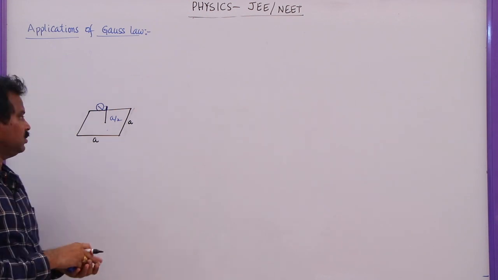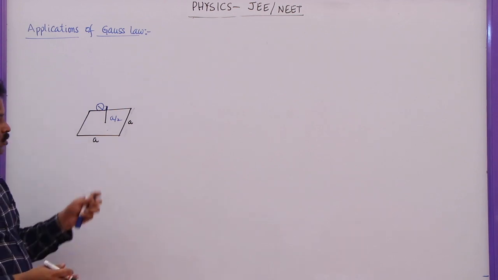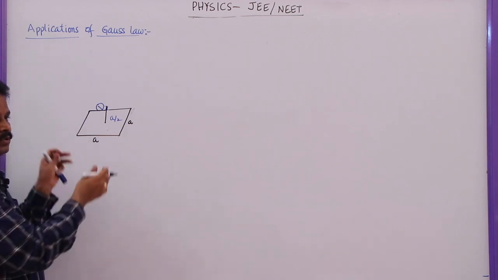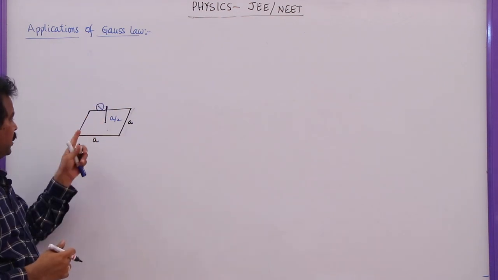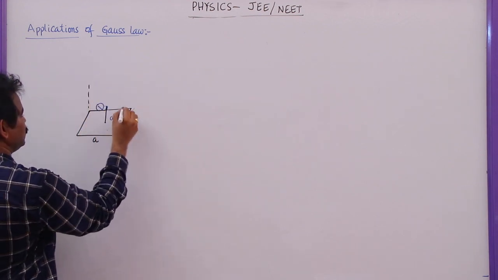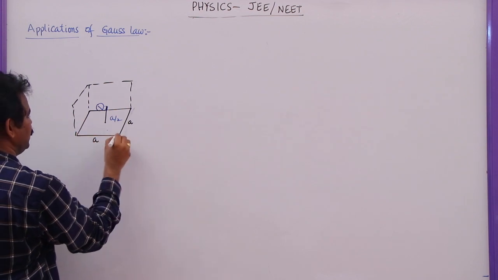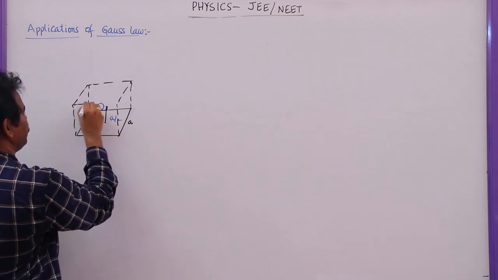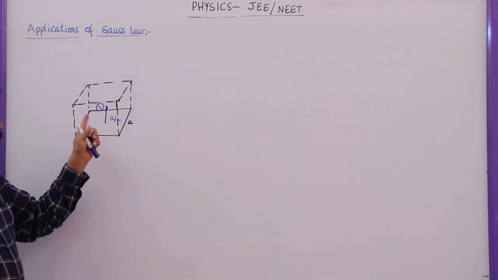Now we can say that this charge is not enclosed. It is enclosed only on the bottom, not on either side, rear, front face, or even the top. So I am going to construct a cube here such that the total charge is enclosed by it. Now you can see the charge is completely enclosed.